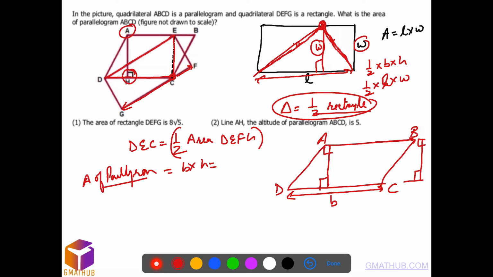Now area of the triangle DEC is half. Base of the triangle can be taken as this base, and height would be the same height that was taken for the parallelogram, right?